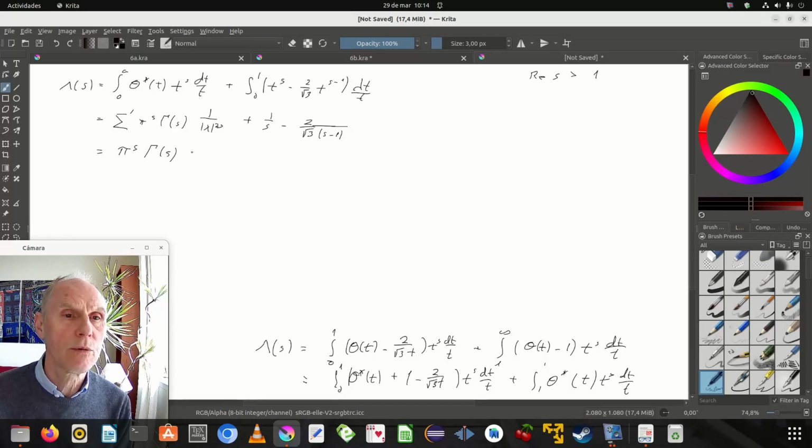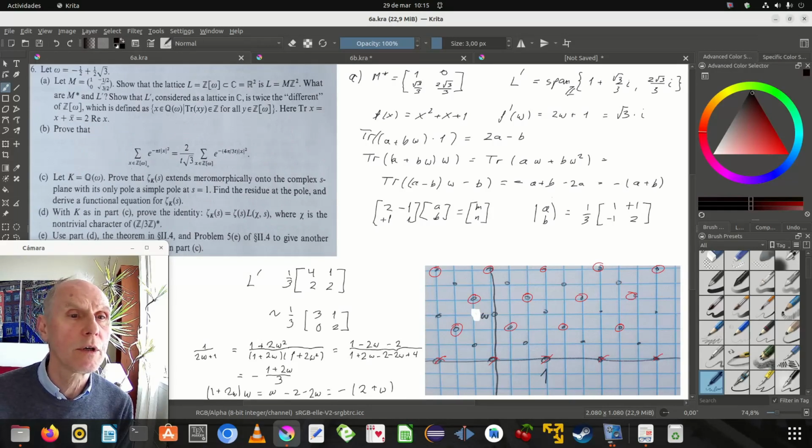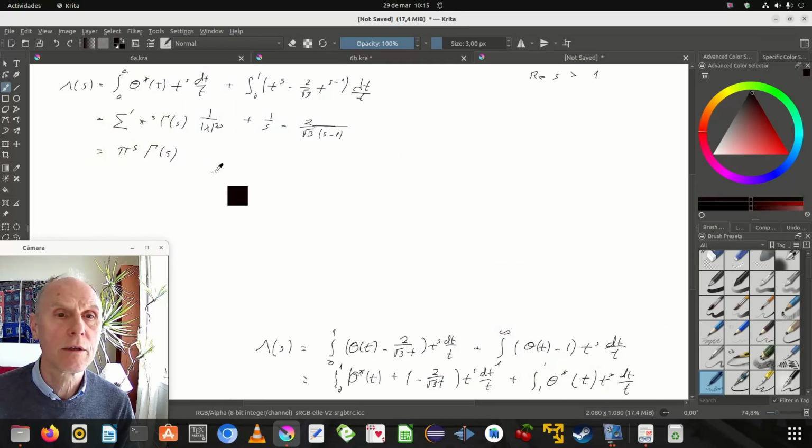And this equals the L function. What was it called? Zeta k, all right. Plus 1.